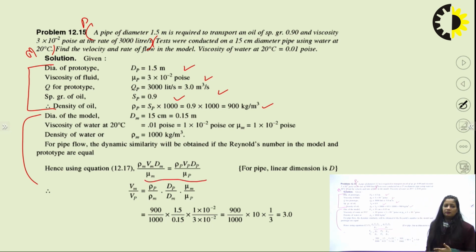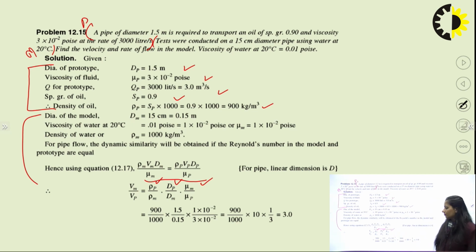Apply Reynolds model law in this particular question. You can write the equation like this. All the other parameters are given. Just take d in place of L in the Reynolds number equation. Here rho p by rho m is given, diameter is given, dynamic viscosity is given.